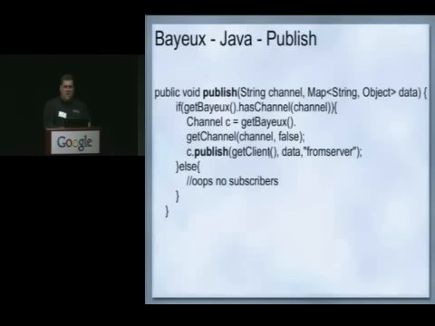And then you publish the data. This client is the server client, and the data is the map that was passed in, and this is the key of the message, a unique ID. So, any questions so far? It's pretty easy. To publish, it's basically a one-liner right here to publish data.